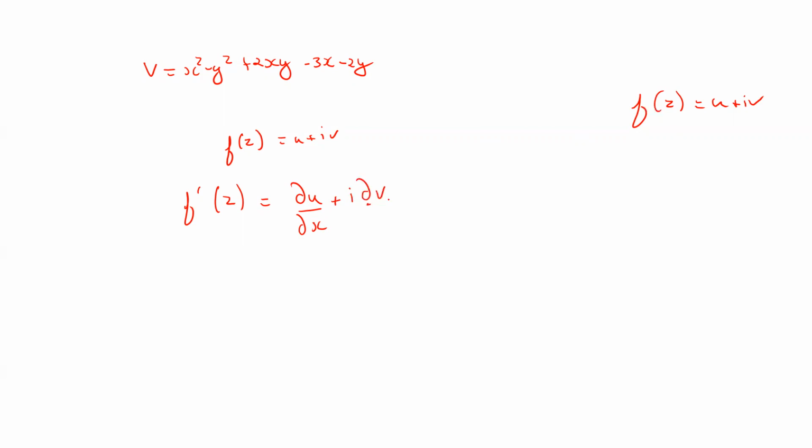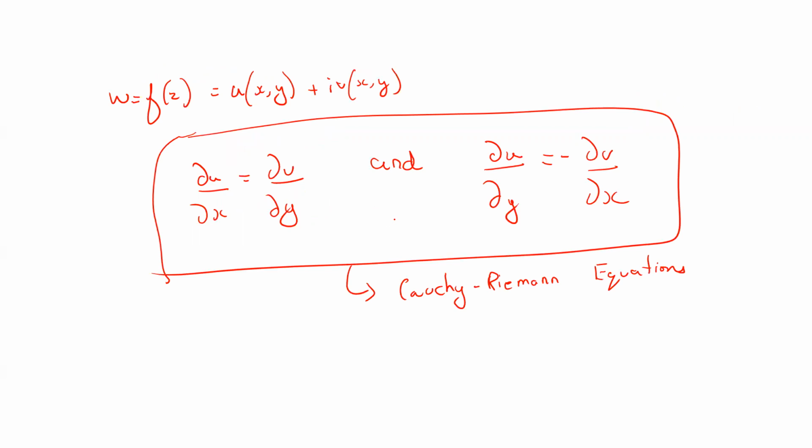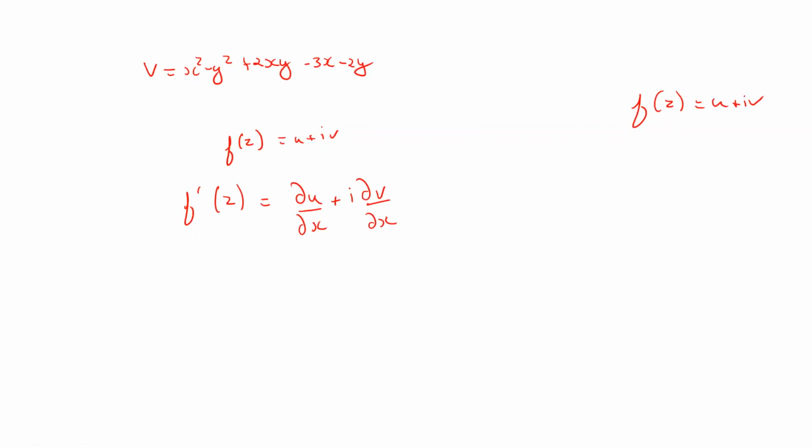Now by CR equations, we substitute the u part in terms of v. du by dx is dv by dy. So instead of this, I'll put dv by dy by CR equation, and minus i dv by dx.